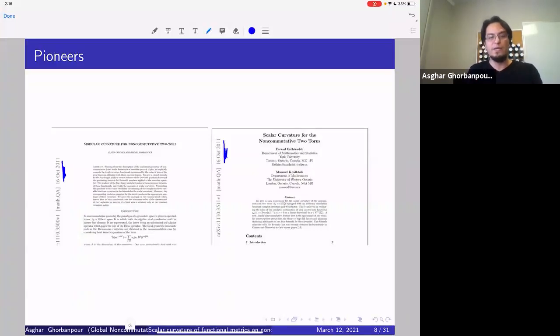So for the first time they were able to compute scalar curvature for the non-commutative torus. The metrics used there were conformally flat metrics on the non-commutative torus, and these very brilliant ideas all came from that.